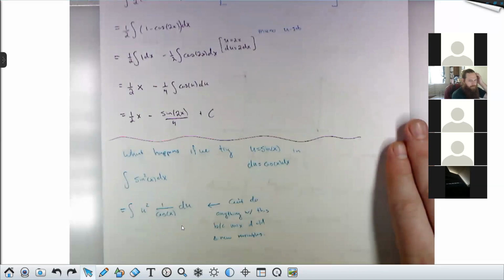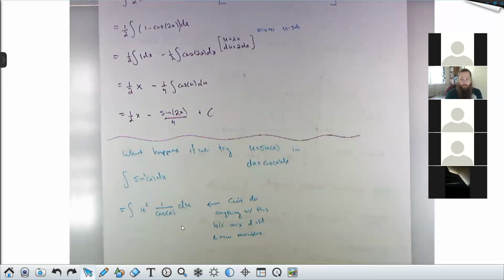Remember back to our very first day, when we were talking about what you do if you've got old variable stuff left over after doing a u sub? You've got to get rid of the x's. This isn't a constant. I can't pop it out of the integral. The integral is being done du now, so I can't integrate 1 over cos x with respect to u.